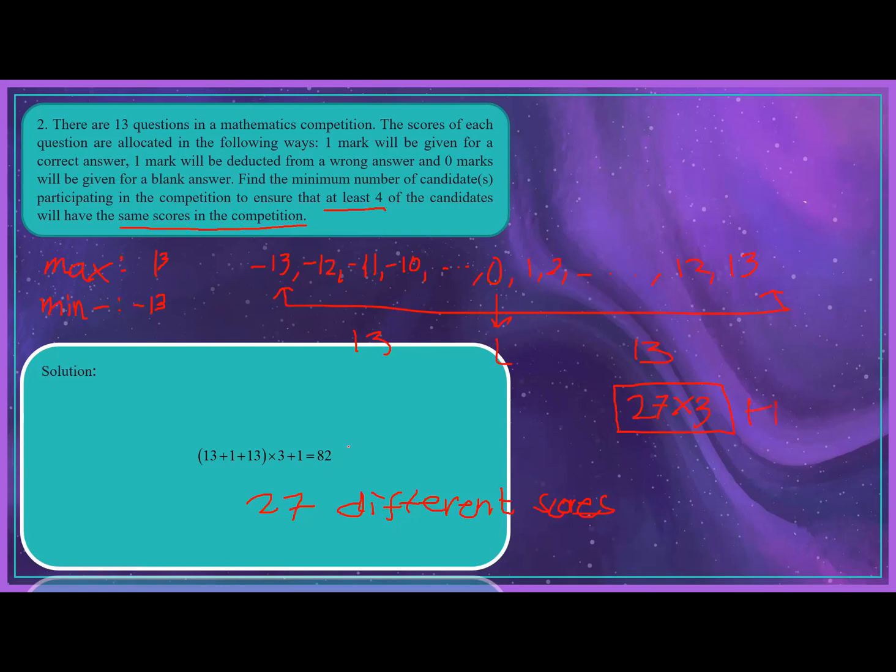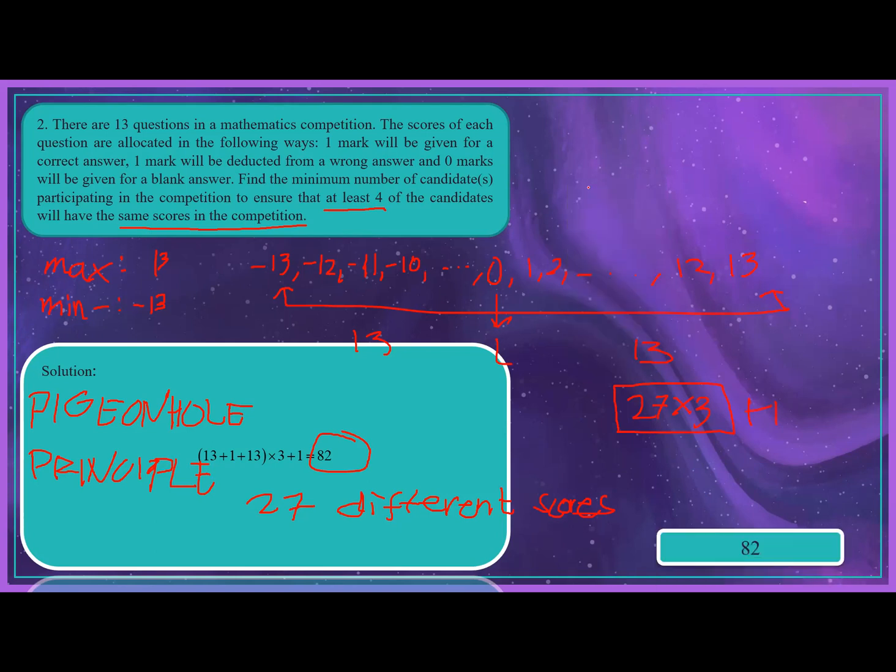The total would be 82. Okay, so this is the pigeonhole principle. Okay, so you need to fill up the missing boxes first. Okay, so it's like the pigeonhole.